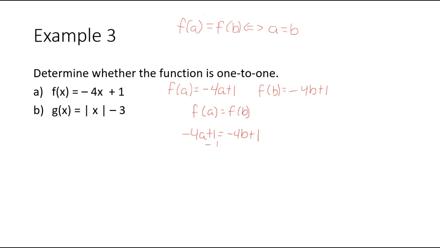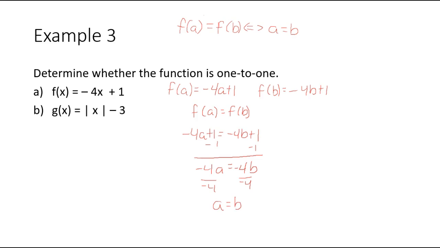So let's subtract this 1 over to the other side. This is going to give me negative 4a equal to negative 4b. And if I divide this negative 4 out, then I'm going to have a is equal to b.